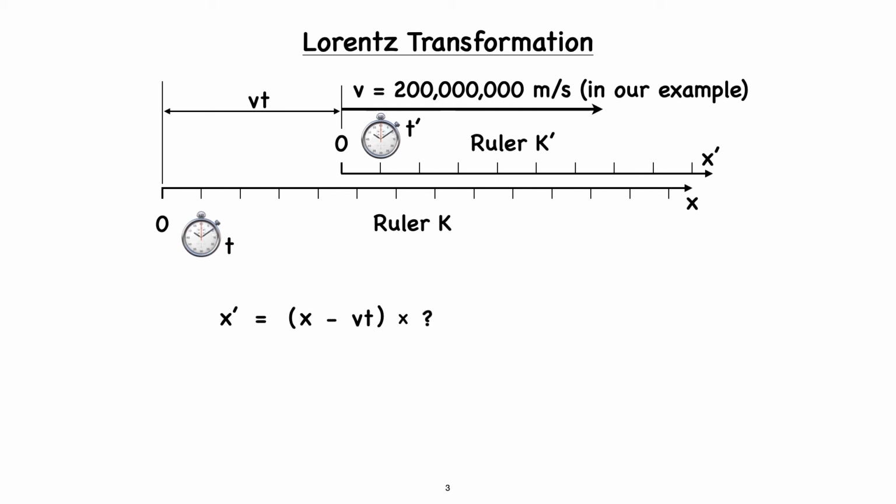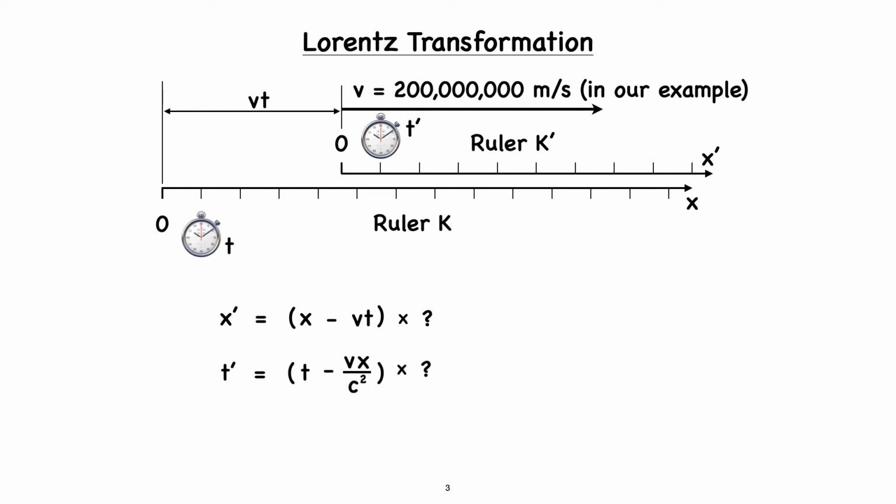There's the first equation, not looking too dissimilar to the Galilean transformation, where again we're calculating x dash from x minus vt, but then the whole lot is multiplied by this mystery term, and I'll reveal what that is shortly, because I don't want it to distract us just yet. Okay, onto the second equation.